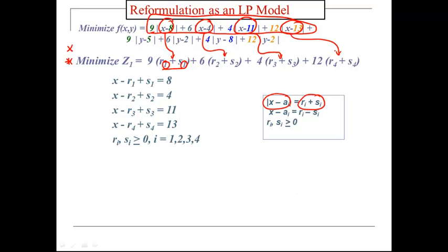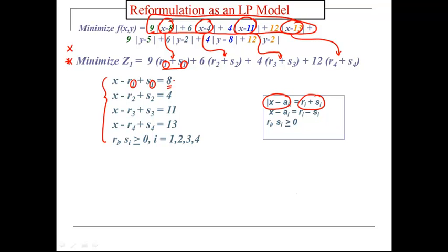And we can also set up our constraints in this form. So the first constraint will correspond to the first facility, and we know that this is going to be equal to the location, in terms of x, of the existing facility.